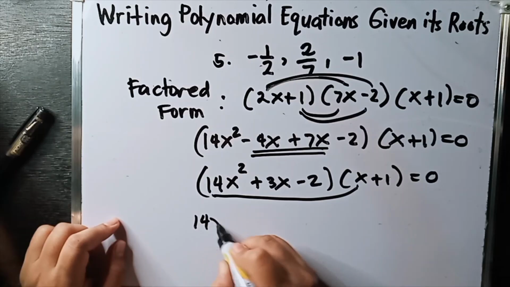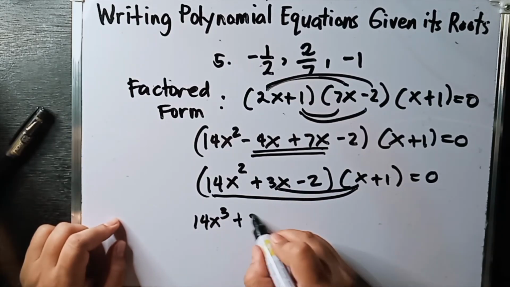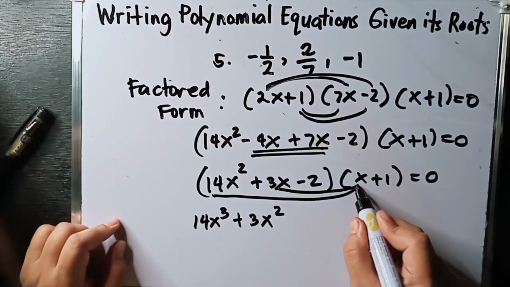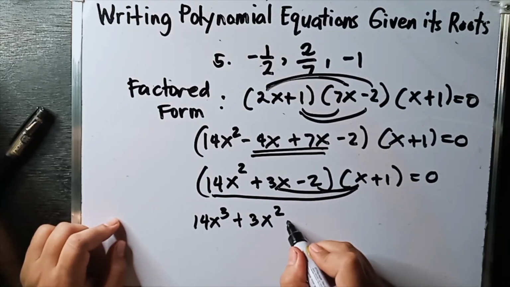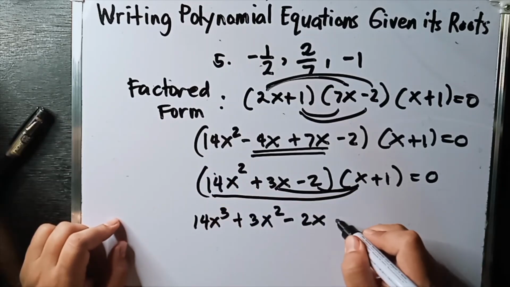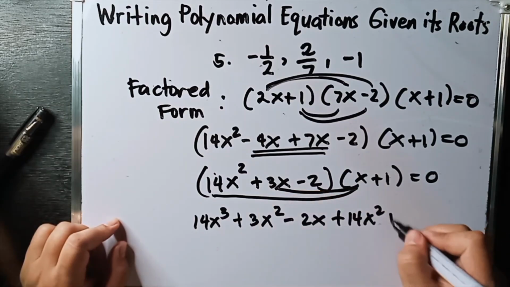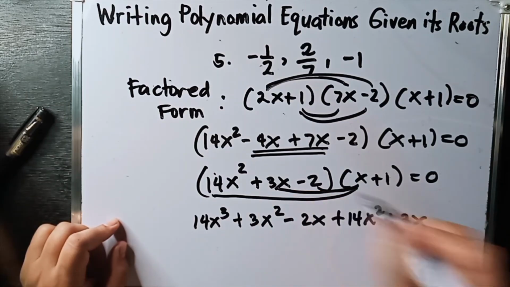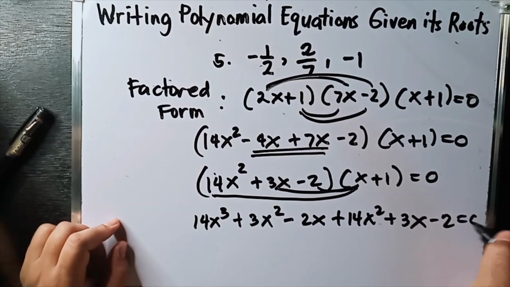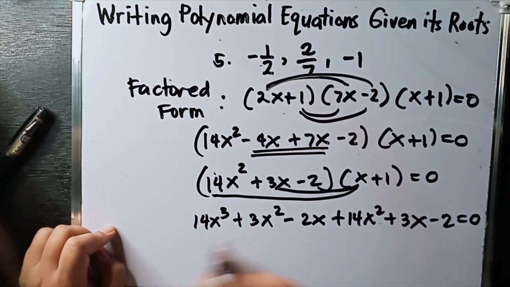We have 14x cubed. X times 3x is positive 3x squared. X times negative 2 is negative 2x. 1 times 14x squared is positive 14x squared. 1 times 3x is positive 3x. 1 times negative 2 is negative 2 equals 0. So you will be needing a lot of patience in doing this.